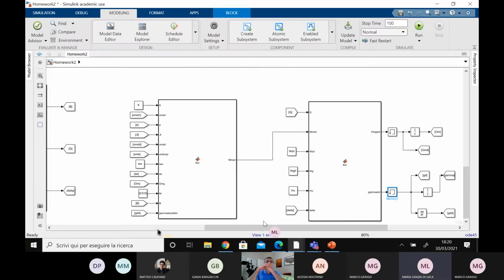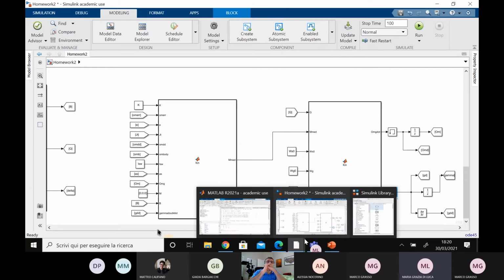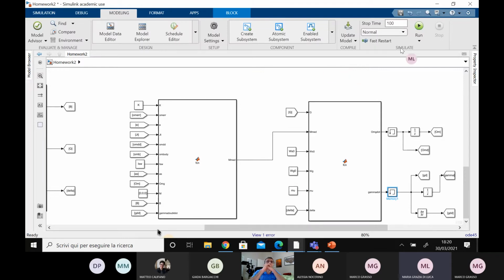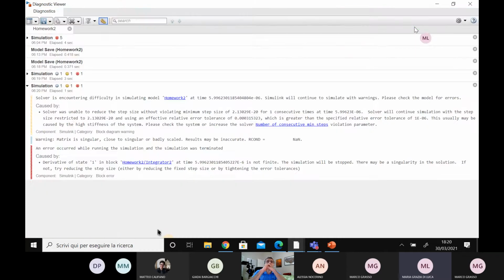Okay, shall I try? Oh, well, yeah. Okay. Matrix is singular. So there's a matrix that is actually singular.